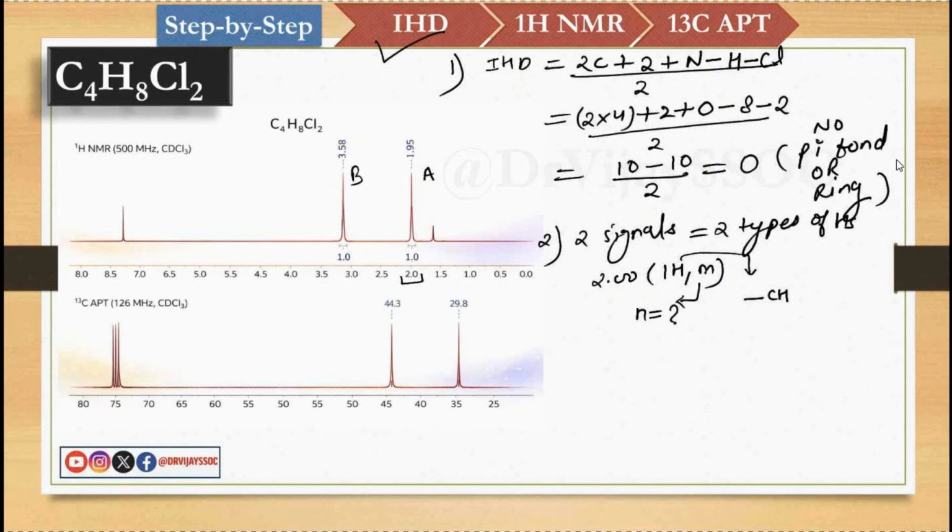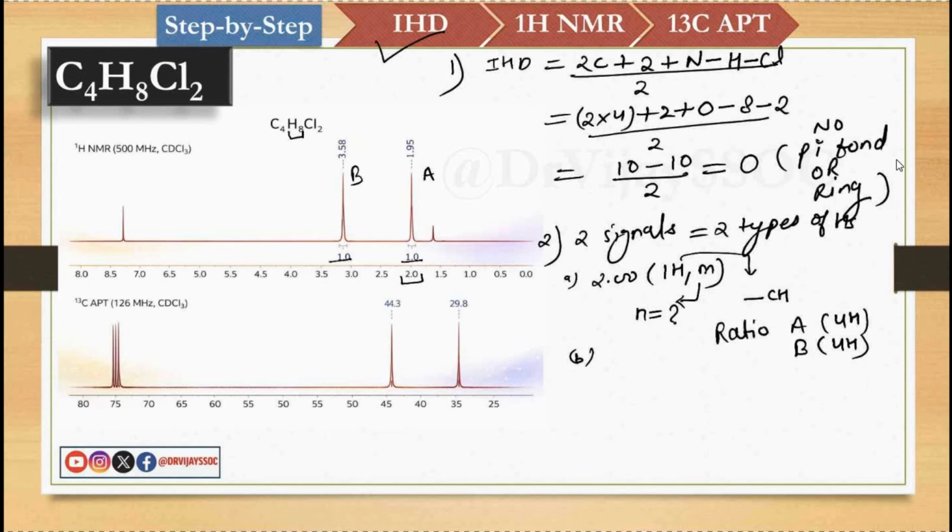But is it true? Because if you look at the other signal, it also has integration 1, and in the molecular formula we have 8 hydrogens. So this is the ratio of the integration values. So signal A belongs to 4 hydrogens and signal B also belongs to 4 hydrogens.